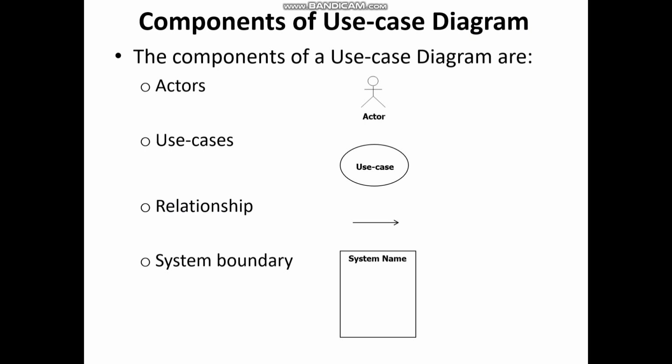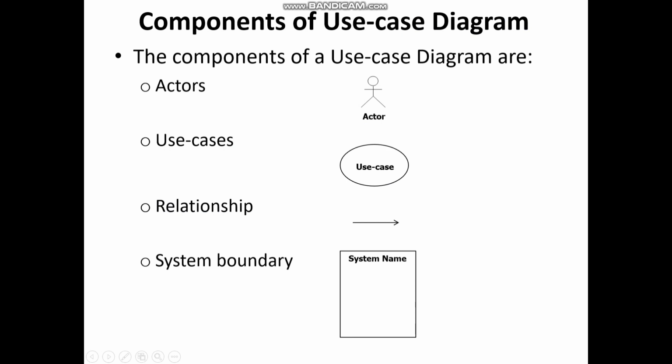So now we will look at the components of a use case diagram. Basically there are four components: actors, use cases, relationships, and system boundary. Actors are represented by this symbol. Use cases are represented by this oval structure entitled with its name.